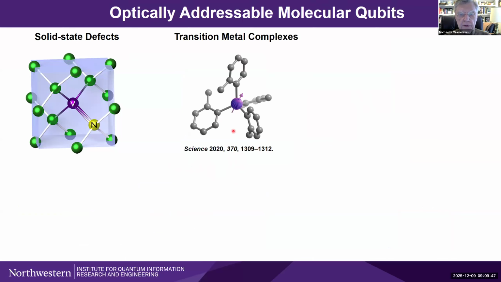A few years ago, Daniel Friedman's group, along with David Avshalom, proposed a chromium-4 complex that showed a very similar energy level structure to that of the NV center, and demonstrated that this particular molecule can also act as a spin optical interface. The only problem it has, like all organometallic complexes, is that it is air and water sensitive. So you have to be a little bit more careful in how you protect the molecule.